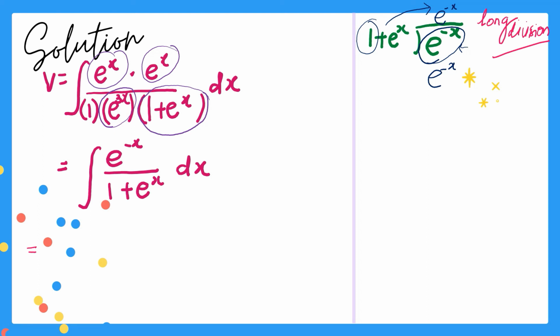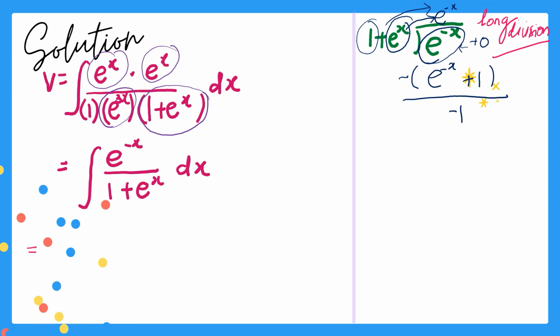Next, e^x times e^(-x) gives 1, because e^x times e^(-x) is e to the power of 0, and e^0 equals 1. So minus here. e^(-x) minus e^(-x) is 0, and 0 minus 1 is negative 1.